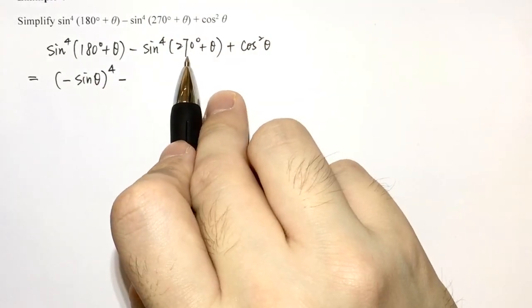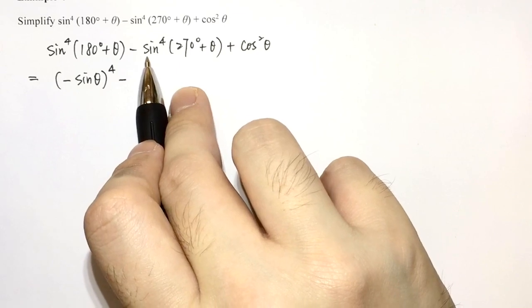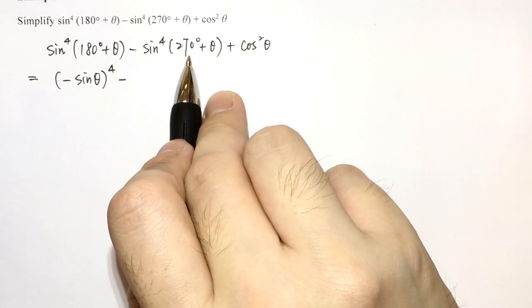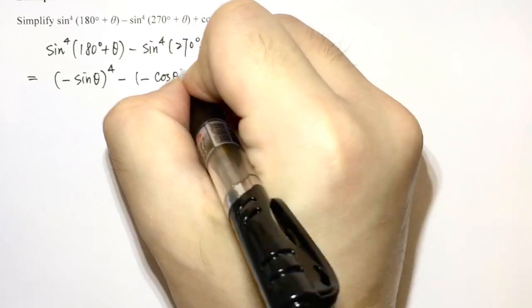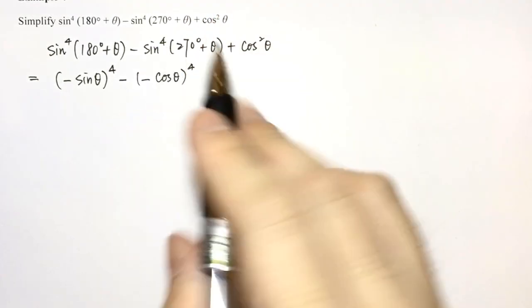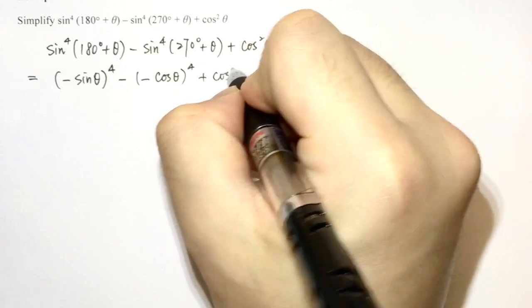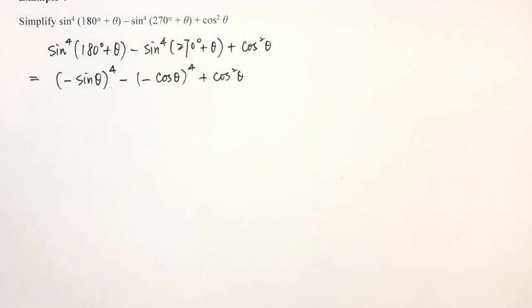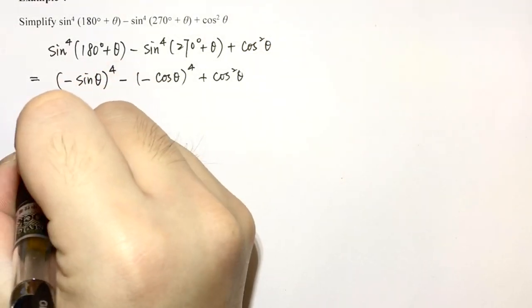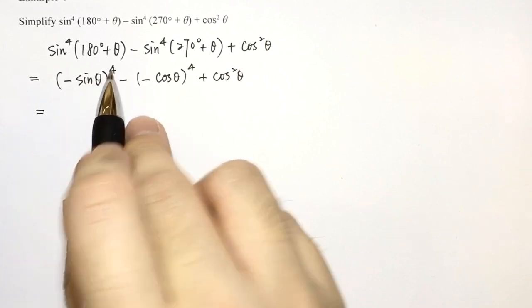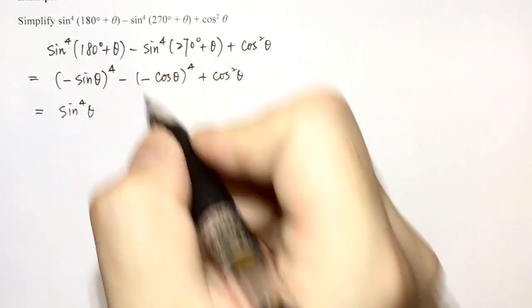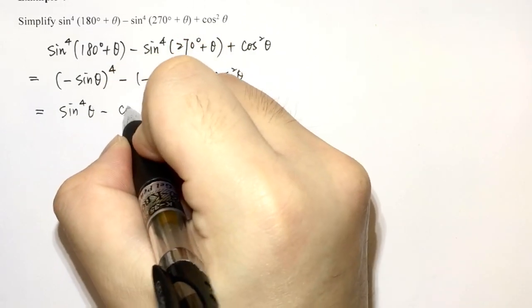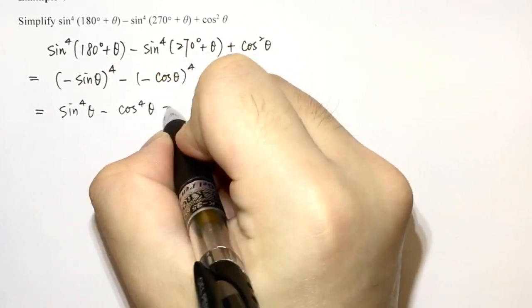Minus change y value quadrant 4. So negative, change the thing to the power 4 plus cosine square theta. Okay? So after that you can remove the sign. You know it's a positive value because of power 4.